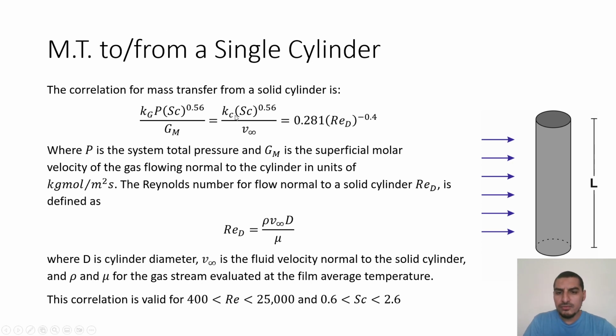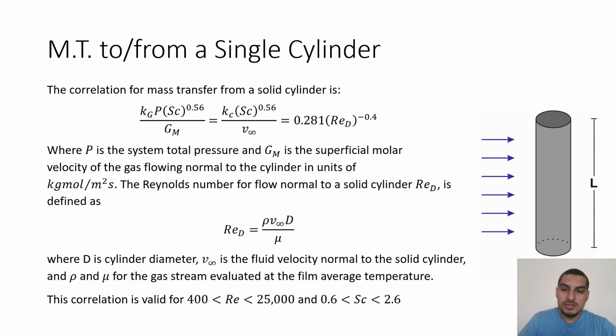Anyway, we have two alternatives, one for calculating the mass transfer coefficient Kg, and one for calculating the mass transfer coefficient Kc. This Kc and Kg are for the same phase, depending on what the driving force is. Is it the difference in concentration or the difference in partial pressure?